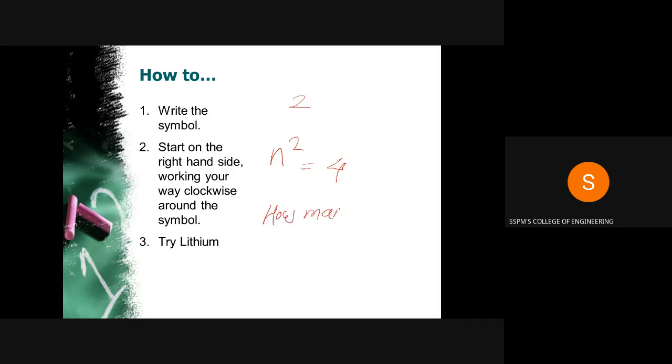The quantum number gives the idea of how many subshells and shells are present. The number of shells is equal to the principal quantum number, so if it is 2, then the number of shells is 2. Then how many electrons? You can calculate using the n square formula. N square is equal to 4.